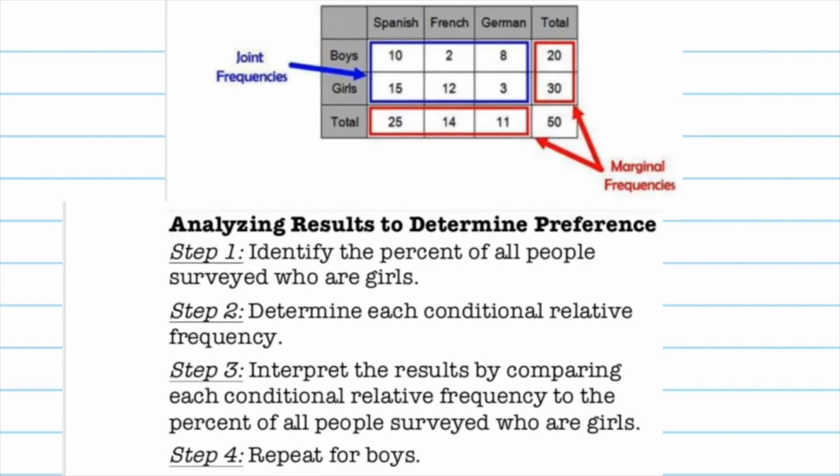So this is boys against girls. And then you would compare the results and say, like, the number of girls that picked Spanish is 50% out of the total girls, but 15 out of 50 is how much percent. So that's a different category. So you have to do all of the percentages. And I'm going to show you what that looks like in the problems.